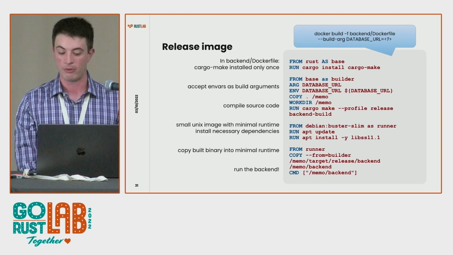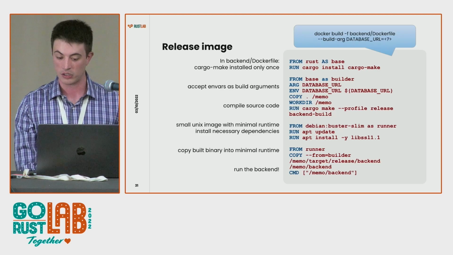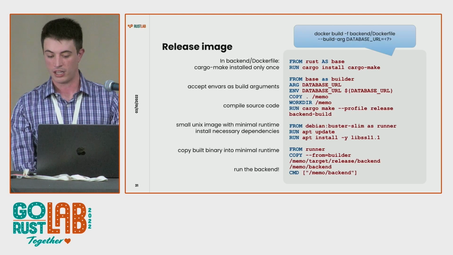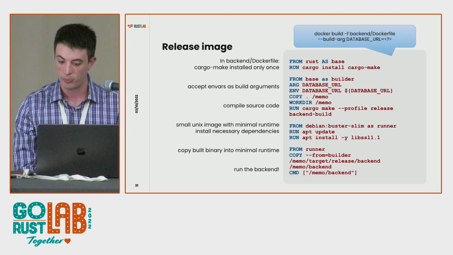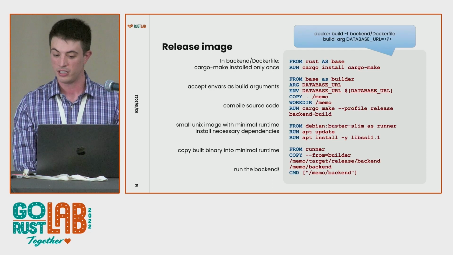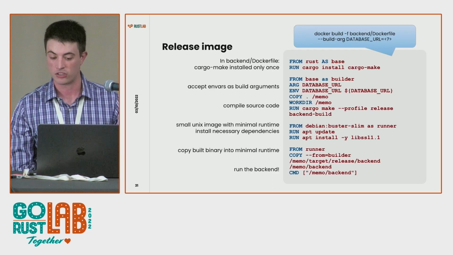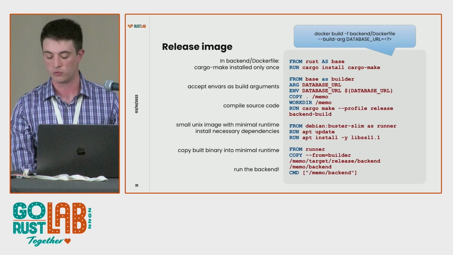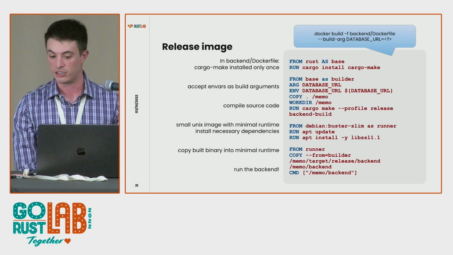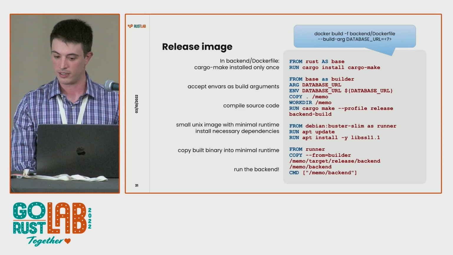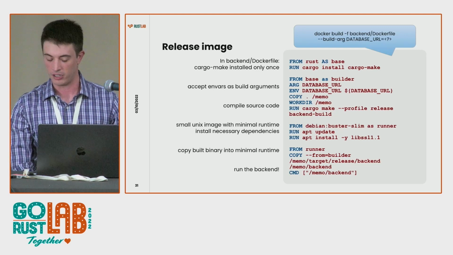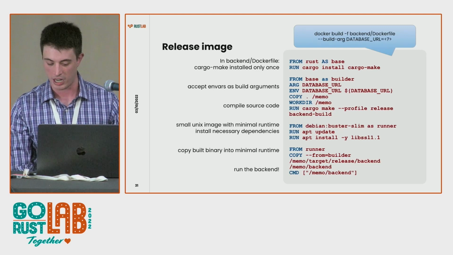So here you see that I'm actually accepting an argument during build, which is called database URL, so that, as you see there at the top, when we run the build step, we can actually pass the database URL as a parameter. And this obviously is useful because, for instance, during CI, you want to generate the image so that it points to the right location related to where the deployment actually happens.